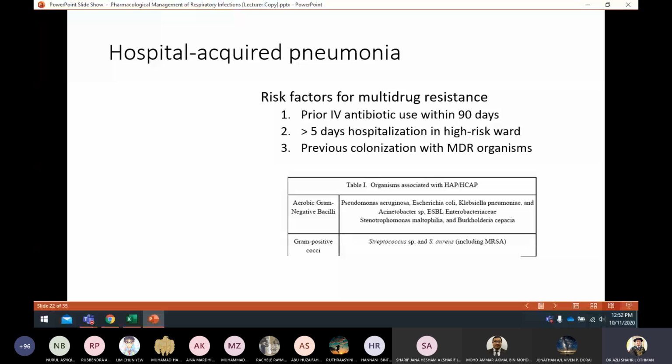Pseudomonas is there, Klebsiella is there, E. coli is there, and also your extended spectrum beta-lactamase producing Enterobacteria. So also likely to cause hospital-acquired pneumonia. Among the gram-positives, you think about strep and you think about staph, which includes your MRSA.